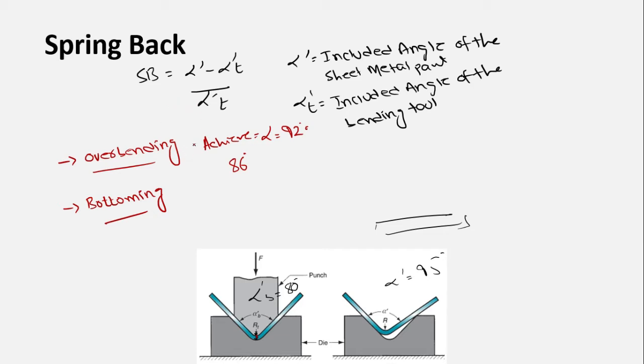The first one is overbending. We will slightly overbend the material so that once the pressure pad has been removed, the punch has been removed, it will try to regain its original shape, so we will ultimately have the desired angle. And second one is the bottoming. We will squeeze the sheet metal at the end of the stroke, right?